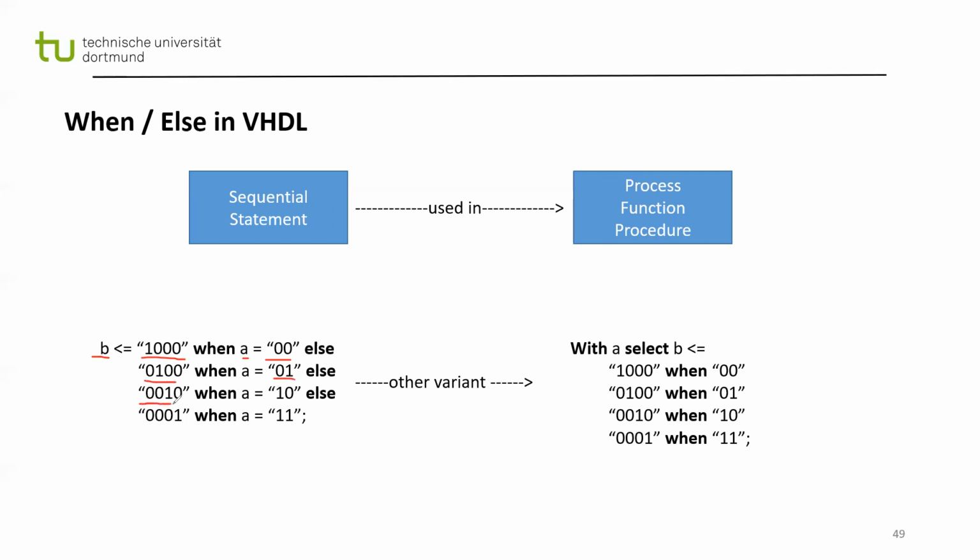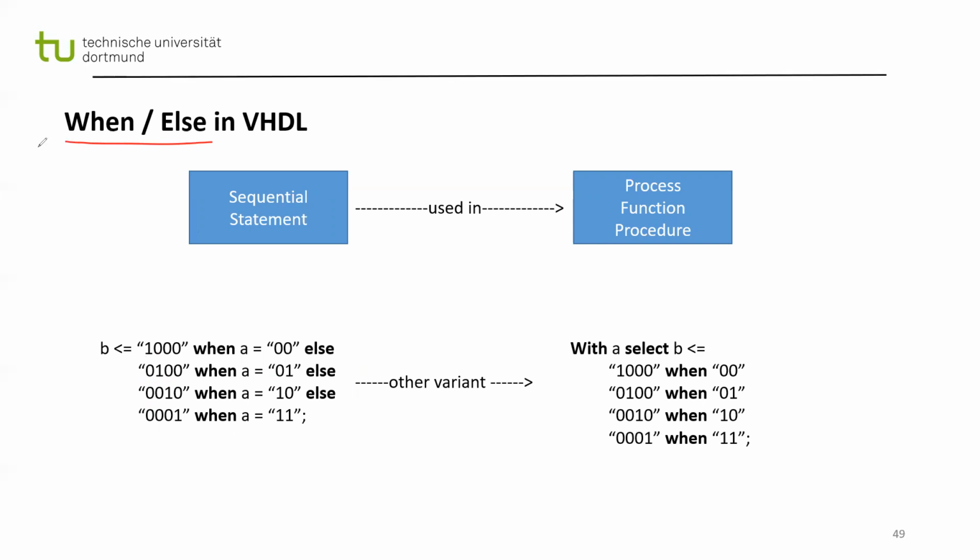Similarly, B will take the value of 0010 when A is 10. And finally, if none of these three are executed, then B will take the value of 0001 when A is 11. I think it's clear and coherent and doesn't need any further explanation.